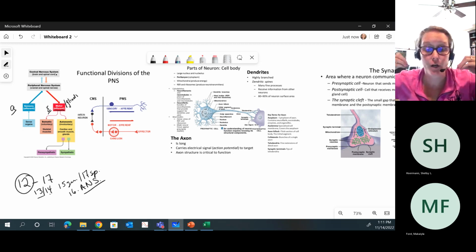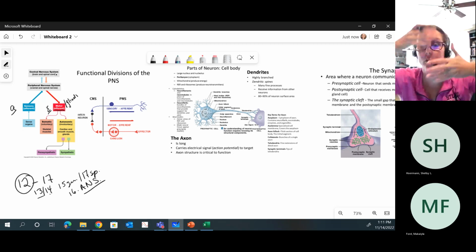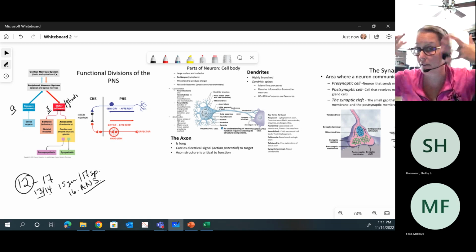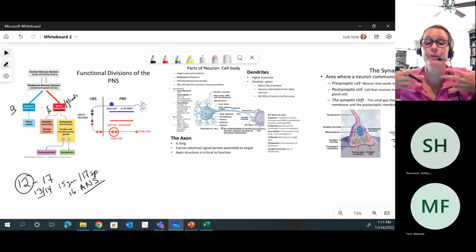And your cranial nerves are going to carry things leaving the brain and going to most of the areas coming off the face, the neck, and a few areas outside of the neck and the head. Your peripheral nerves are going to come out of the spinal cord, and they are going to be, again, a bunch of neurons. Some of those neurons are bringing information in, and some of those neurons are bringing information out.